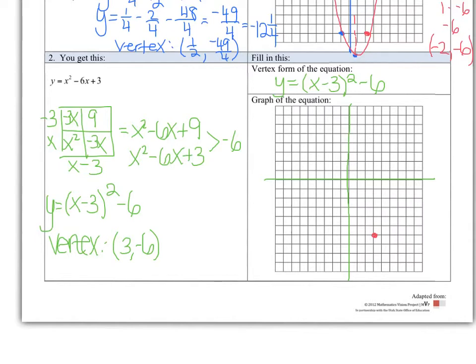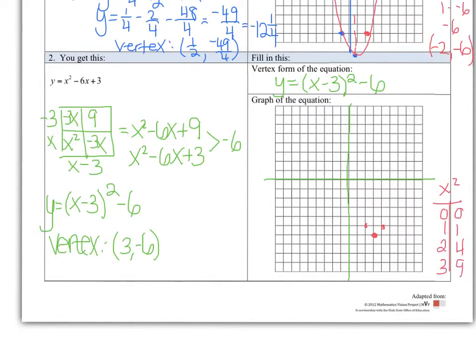Because there's no vertical stretch, there's a coefficient of 1, and we know that parabolas are symmetrical. We know that my next point is going to go up by 1 on both sides, because remember, our parent function x squared is 0, 0, and then 1 squared is 1, so we go up by 1. 2 squared is 4, 3 squared is 9.